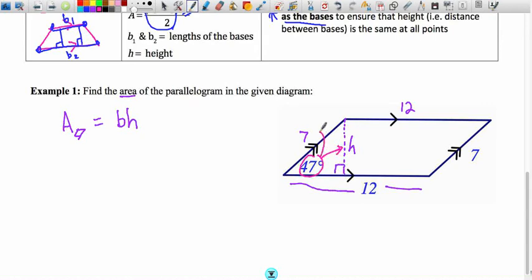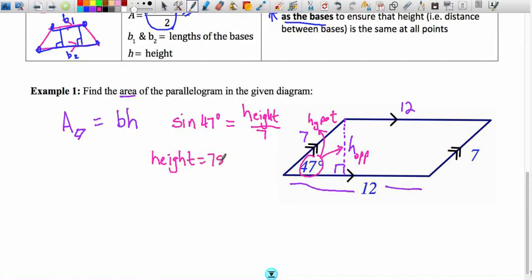That is our opposite side, and 7 is our hypotenuse. We're going to use the sine ratio. Sine of 47 degrees is equal to opposite, which is our height, over hypotenuse, and therefore our height is going to be 7 sine 47 degrees.